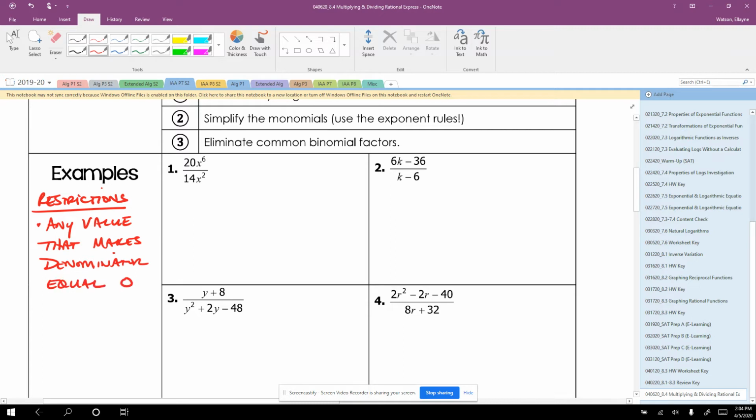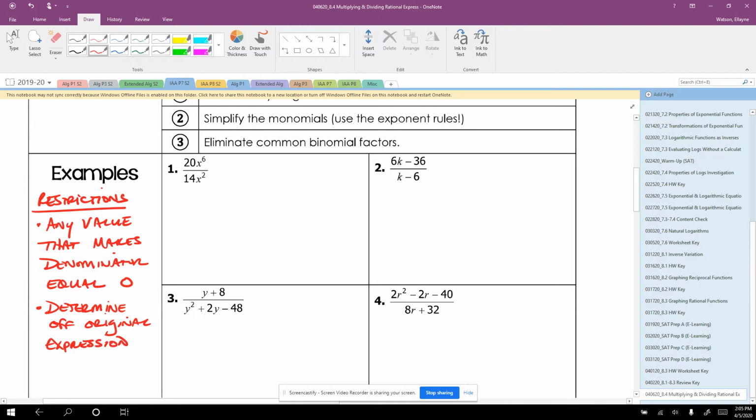You basically set your denominator equal to 0, and that tells you any restrictions, because we can't be dividing by 0. And you want to determine this based off of the original expression before you cancel out.